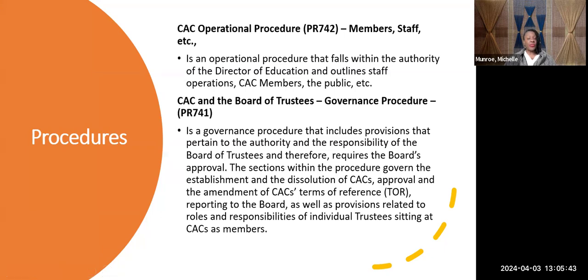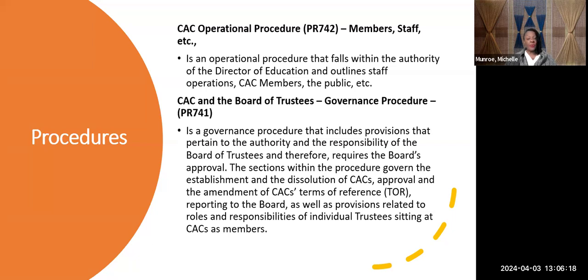There are two procedures: 741, specifically called the Board of Trustees Governance Procedure, and 742, which is specifically related to community members, advisory, parent, caregivers. This was designed to ensure that all stakeholders were able to get access and clarity around their role and functions within CACs, within the TDSB, and to do that in a succinct way that brought clarity.